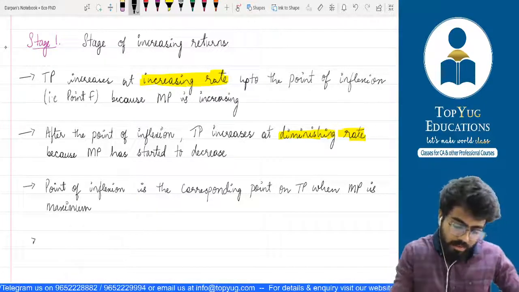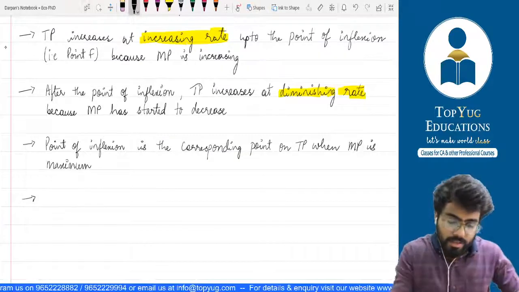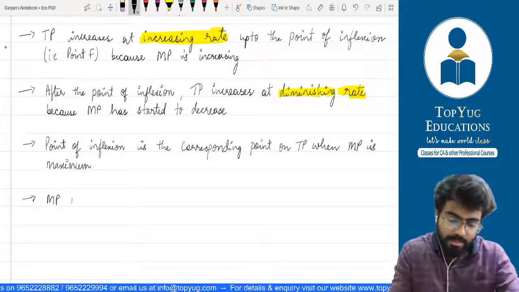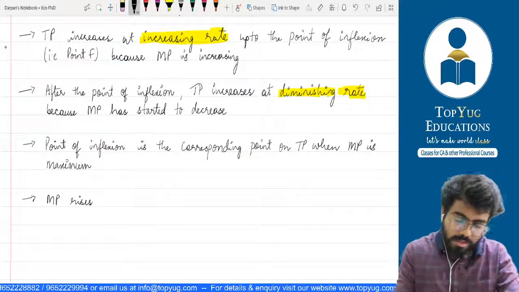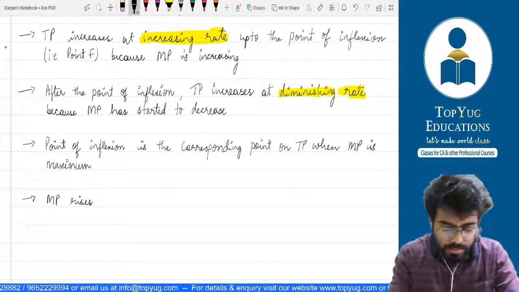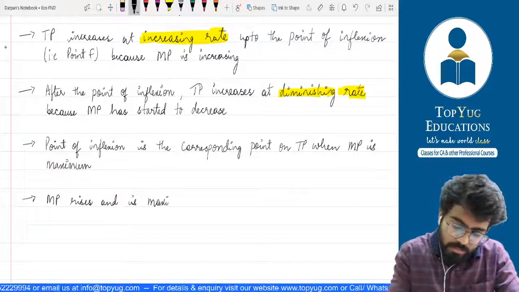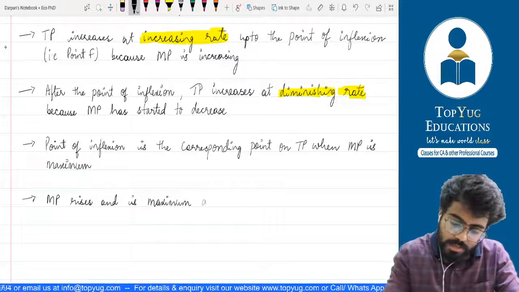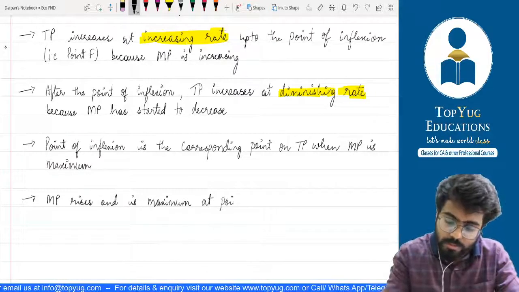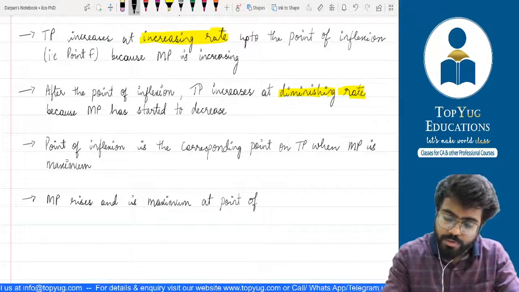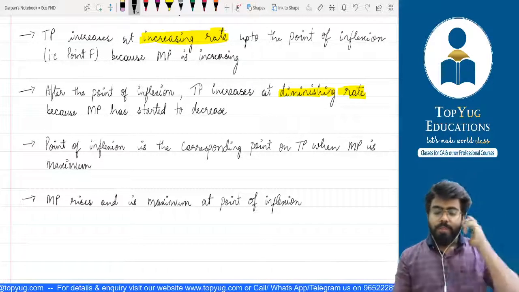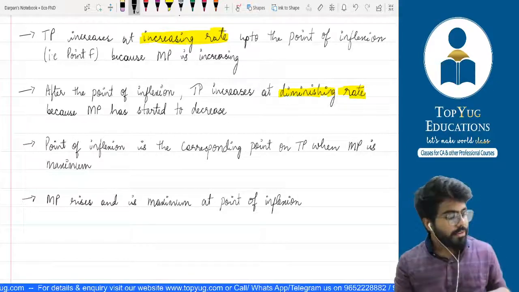What is happening to MP? Write about MP. MP rises and is maximum at point of inflection.